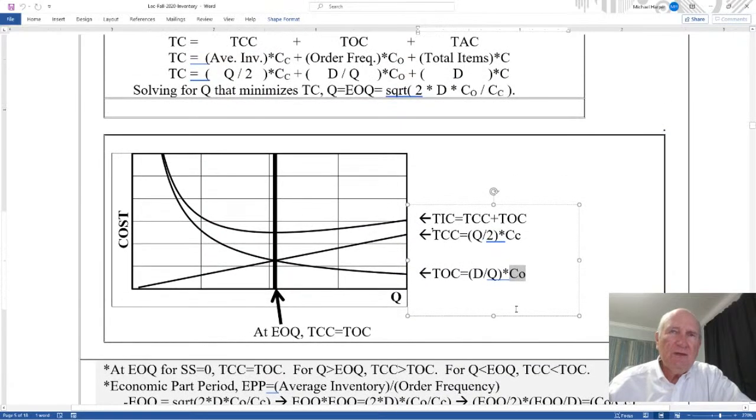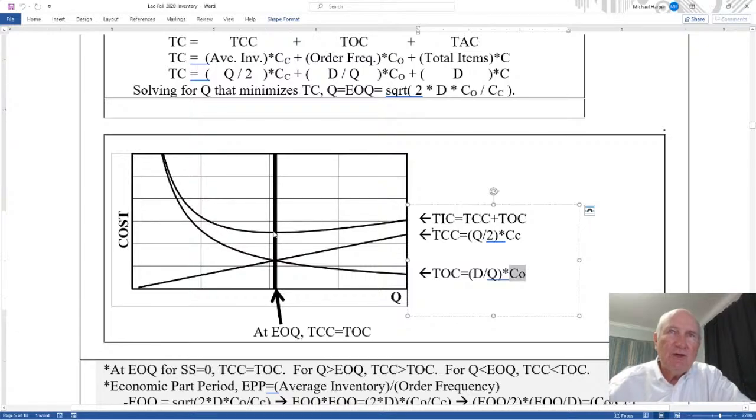Okay. The next thing is, what if you're not at EOQ? Do you want to be larger than EOQ or less than EOQ? Well, if you're larger than EOQ, notice that cost increases very gradually. If you're less than EOQ, the cost increases much more, the gradient is much higher.